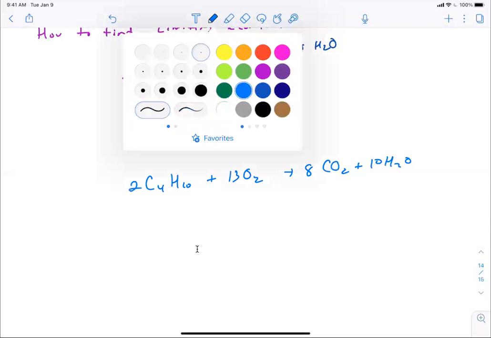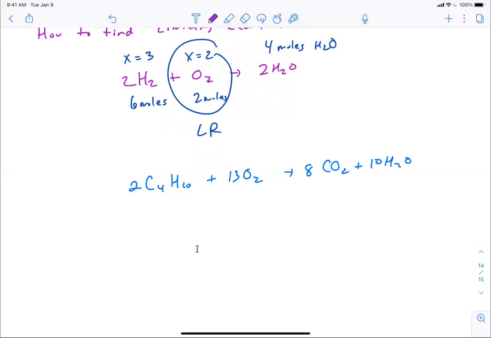And let's say you had 4 moles of this and you had 39 moles of this. Well, the net amount of product you can make is 2 units of products times their coefficients.